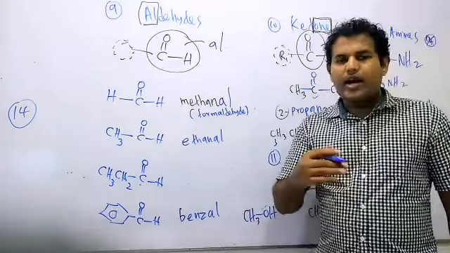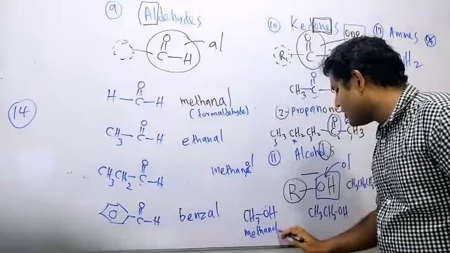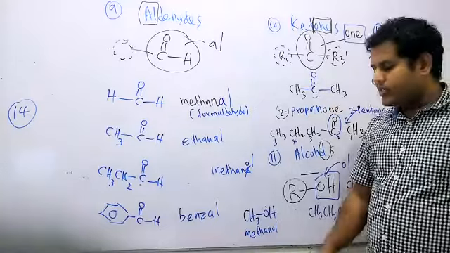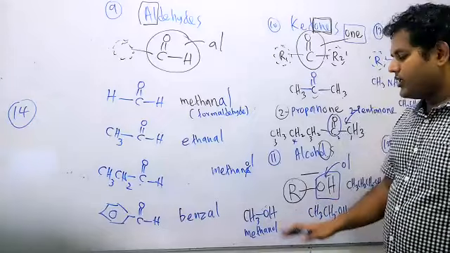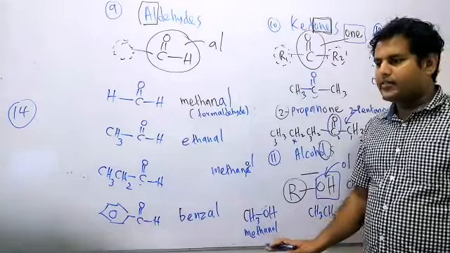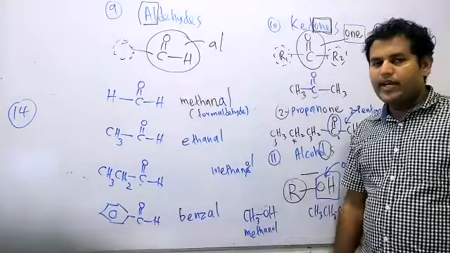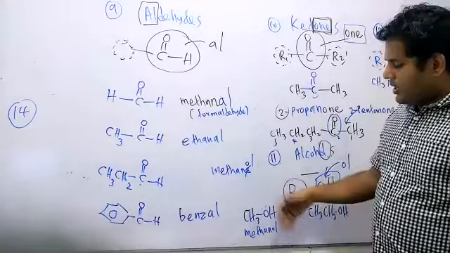So what is the name? Methanol. This is the strongest alcohol we have. In garments, when we are making clothes and dyes, we use methanol. It's not used for a beverage. If you use this methanol as a beverage, you'll go blind.